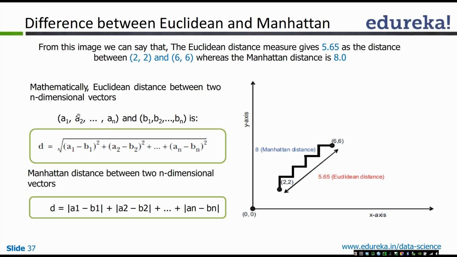Here A1, A2, A3, up to An are the n different dimensions of the same point. In this example, n is equal to 2, and A1, A2 are 2 and 2, and B1, B2 are 6 and 6. That's the way you represent your data points in an n-dimensional space, and n dimensions means n different features present in your data.